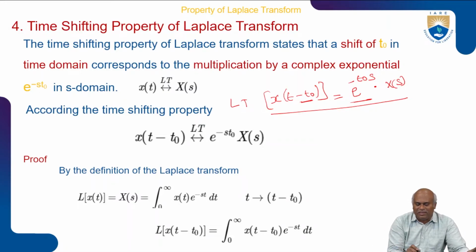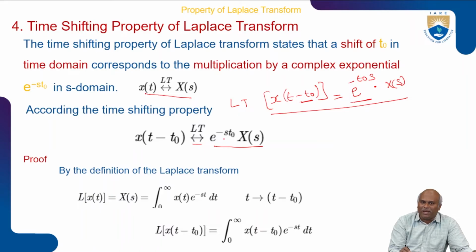First, we take the Laplace transform of x of t is equal to X of s. According to the time shifting property, when the time shift happens for the input, x of t minus t0, and we take the Laplace transform, the output side is multiplied by the exponential e power minus s t0 into X of s.